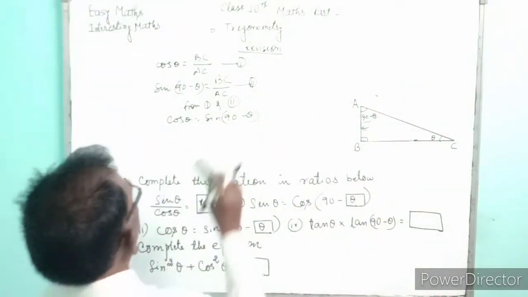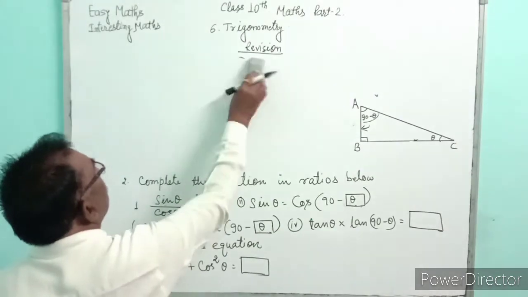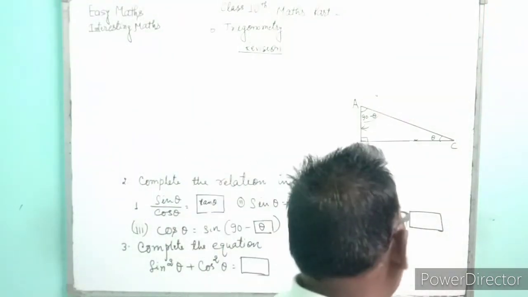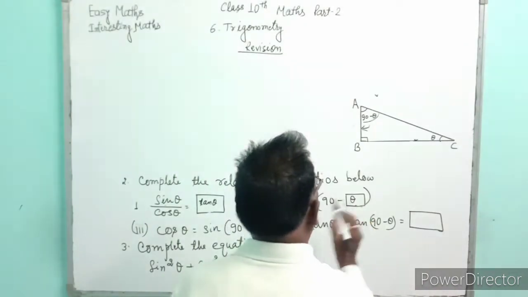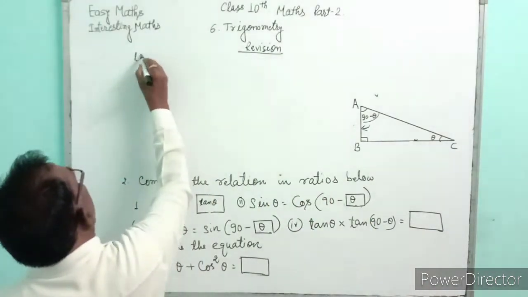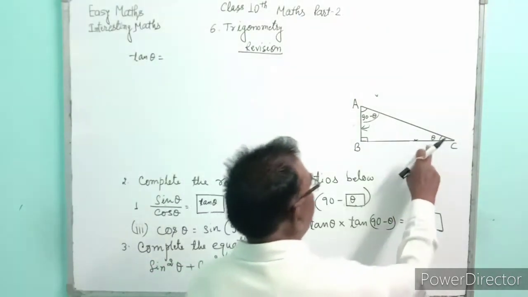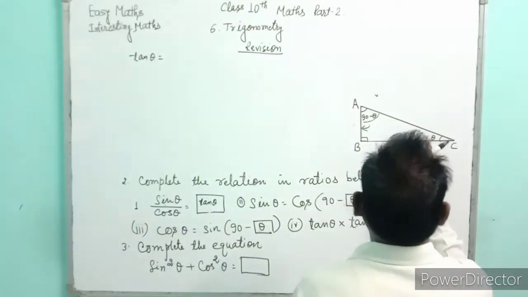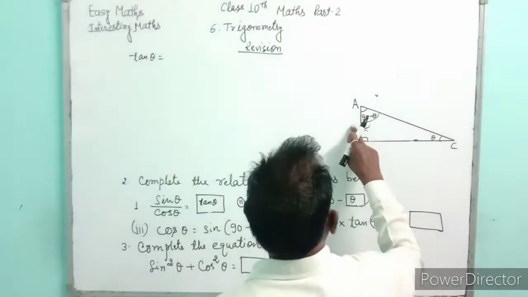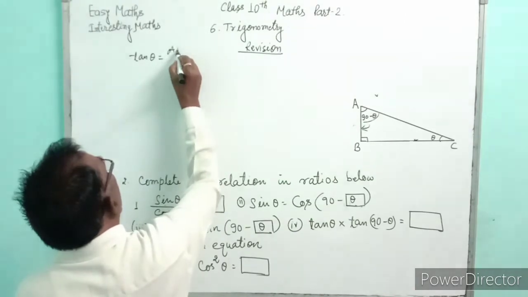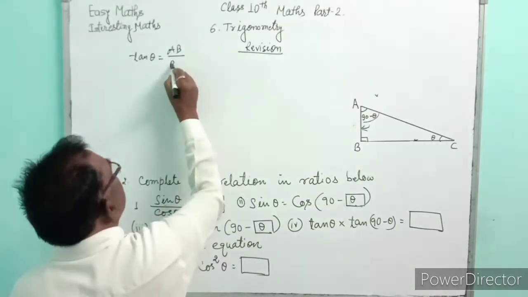Now the 4th relation. Now we will find the relation between tan theta and tan 90 minus theta. Here tan theta is equal to the side opposite to angle theta divided by the adjacent side of angle theta. tan theta is equal to AB by BC.